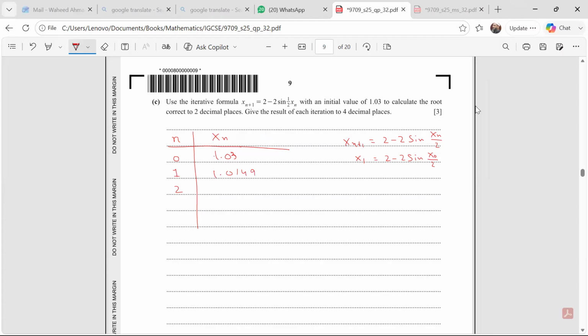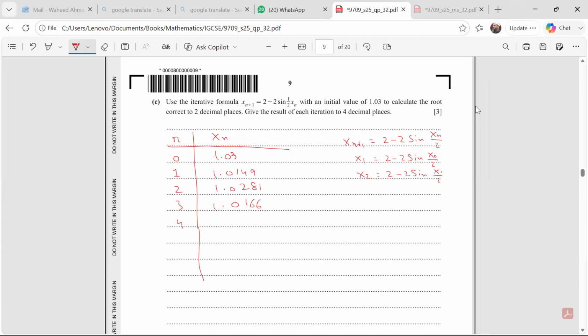Similarly, how do I calculate x2? I will do it by 2 minus 2 sine of x1 over 2, so I use the previous value to calculate the next value. The next value was calculated as 1.0281. Next value I calculated as 1.0166. You can confirm these answers.